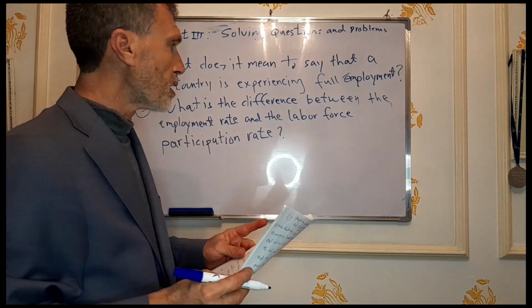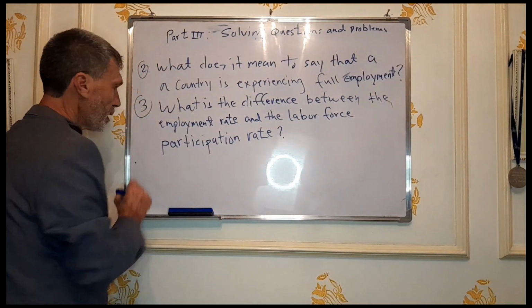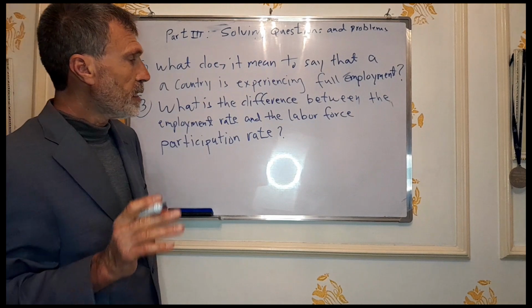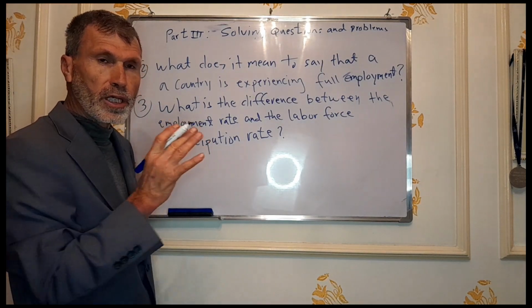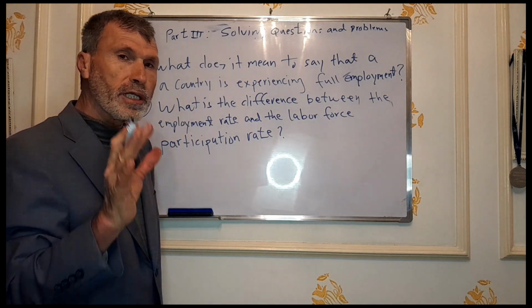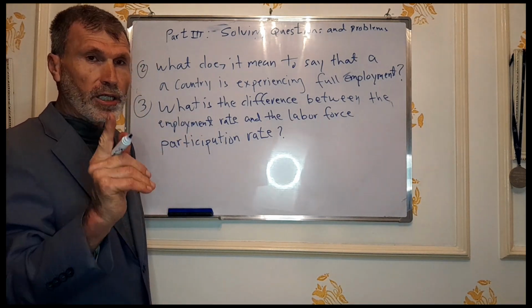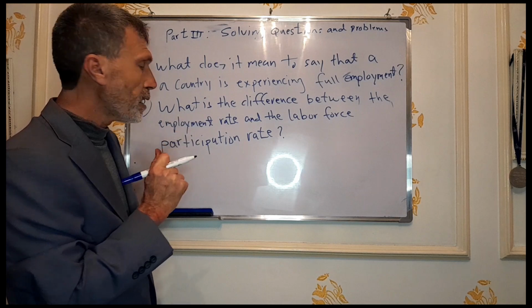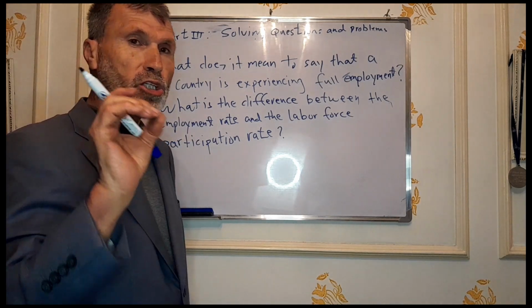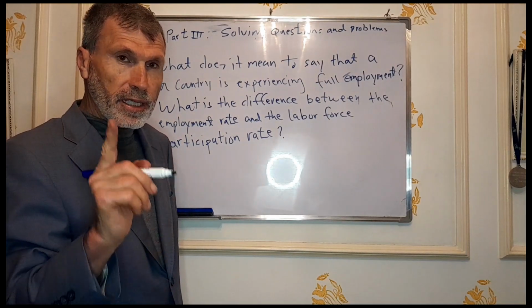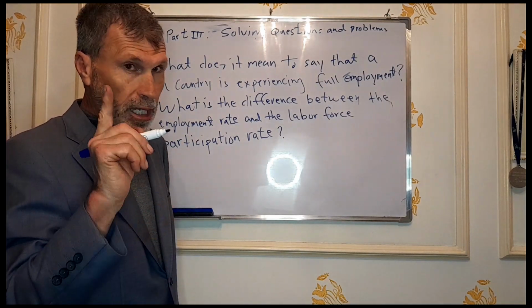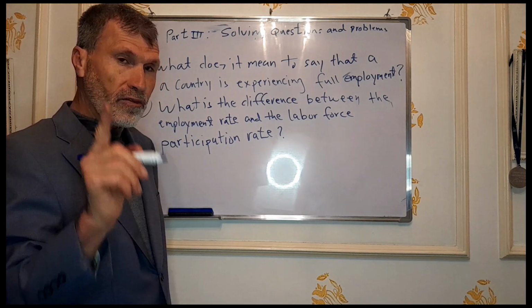Notice that the denominator of both rates is the working age population. However, the only difference between these two rates is the numerator. The numerator of the employment rate is the employed individuals.